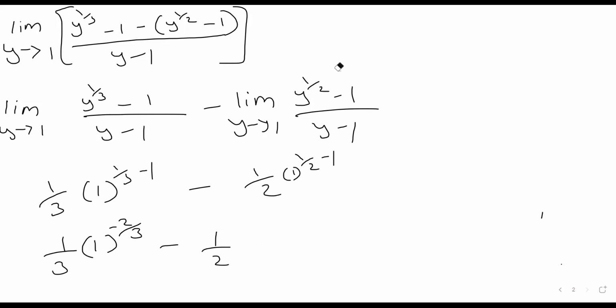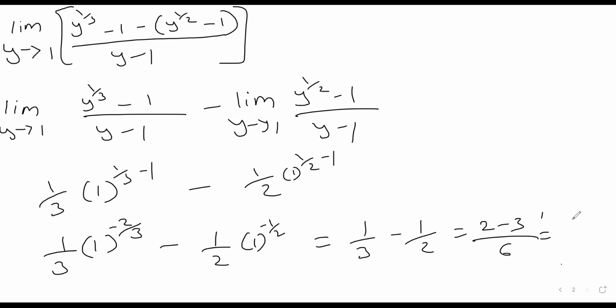So this is 1 raised to minus 1 by 2. 1 raised to anything is always 1. So 1 by 3 minus 1 by 2. This is 2 minus 3 by 6, that is minus 1 by 6. Is this your answer? Yes.